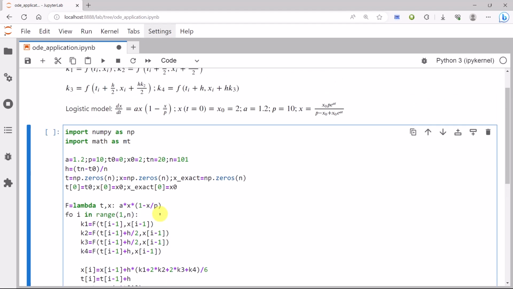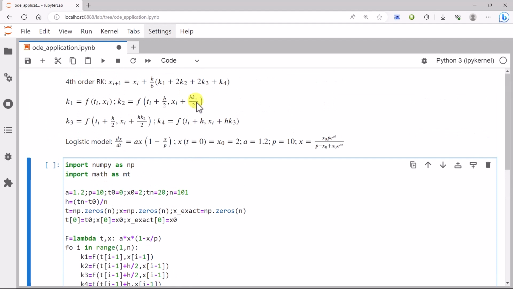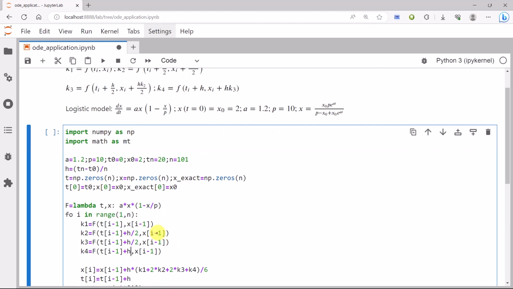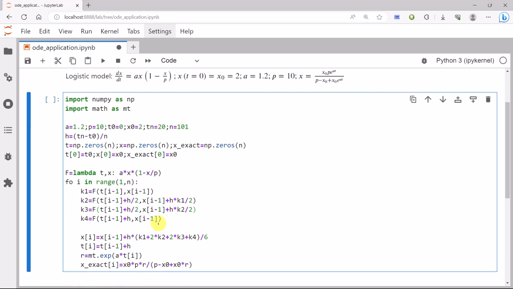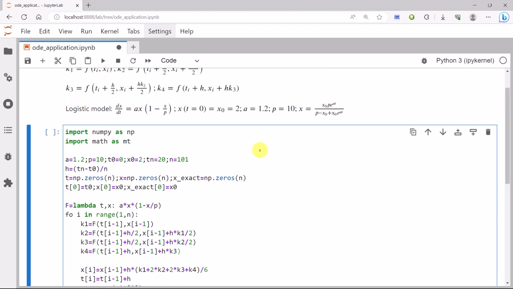And on the other side, here h k1 by 2, here h k2 by 2, and here h k3.